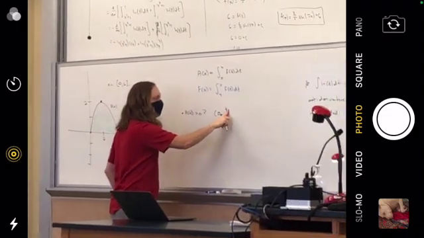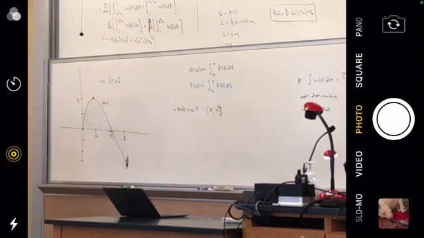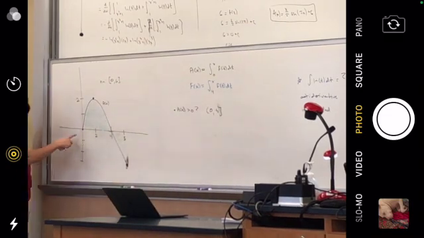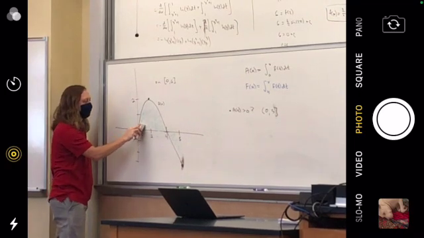And I can include 5. Would I include 0? So if I find A of 0, what do I get? A of 0 would be the definite integral from 0 to 0. Is that value positive or negative?